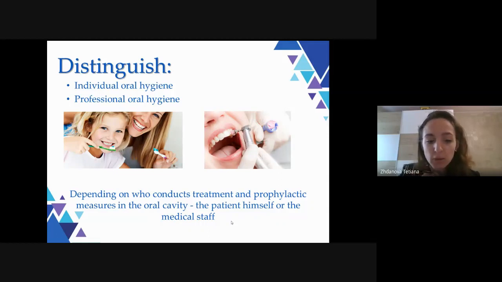And if we can protect our oral health with good oral hygiene practices, then we can keep our teeth for a lifetime.